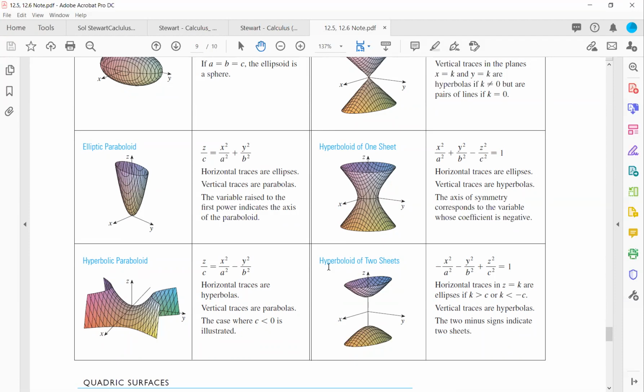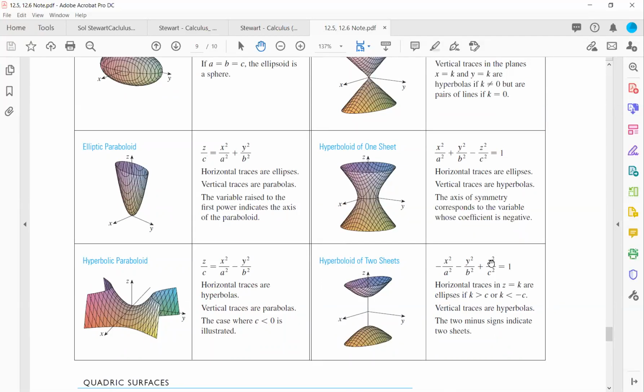And finally, hyperboloid of two sheets. Compare it with the equation of hyperboloid of one sheet. You get x squared plus y squared minus z squared. Now here you have x squared plus y squared minus z squared equals minus 1.